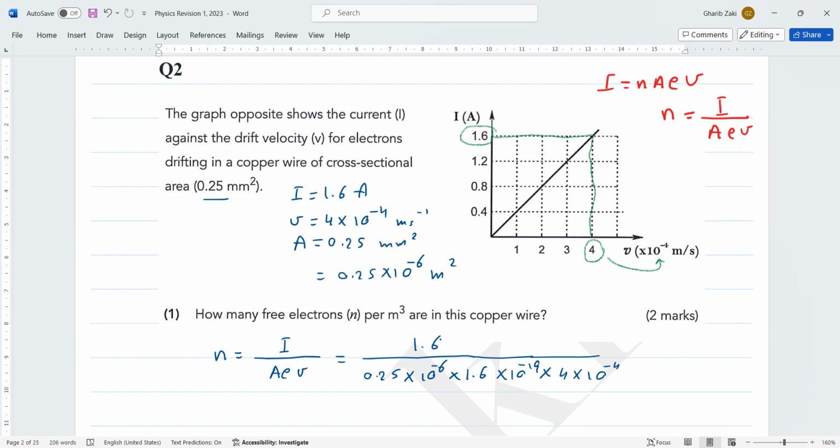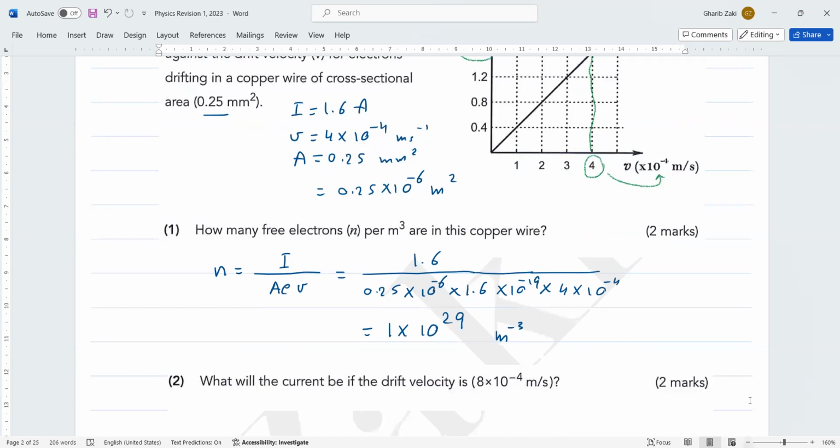When you calculate this, the answer is 1 multiply 10 to the power 29 electrons per meter cube, or we can write meter to the power negative 3. It means per meter cube.